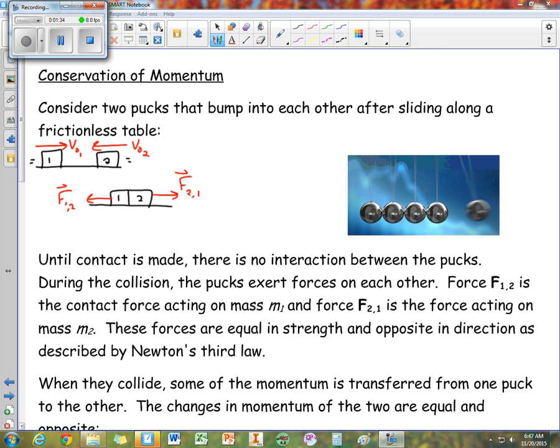Now, what's probably going to happen is that because of everything that's set up here, they're probably going to bounce off each other after colliding. And they're going to leave with some final velocities, v1 and v2.